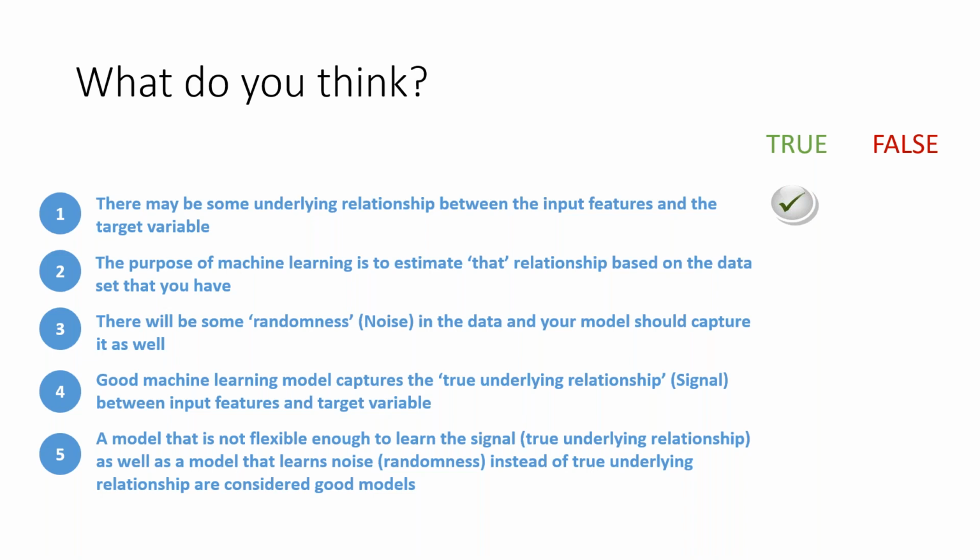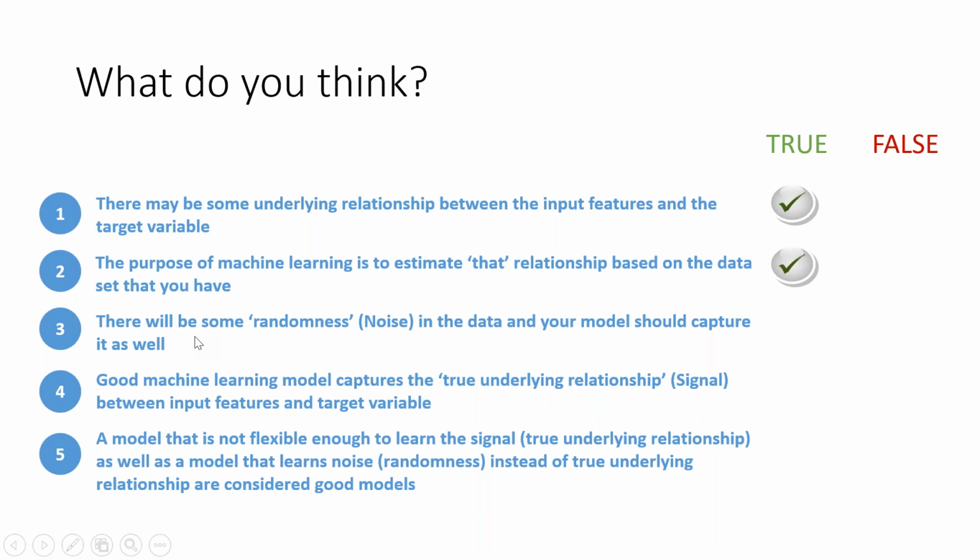That is what we want our model to capture to create a good model. The second: the purpose of machine learning is to estimate that true underlying relationship based on the dataset that you have. Agree or not? Agree. True.